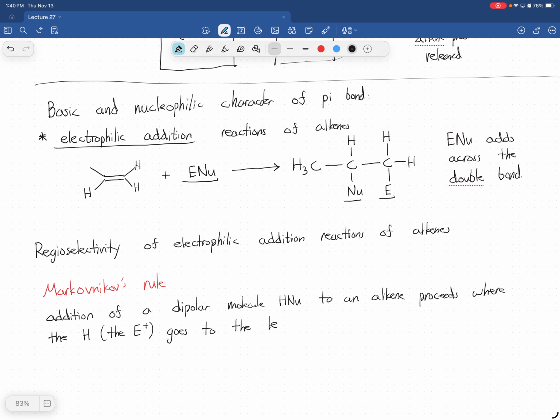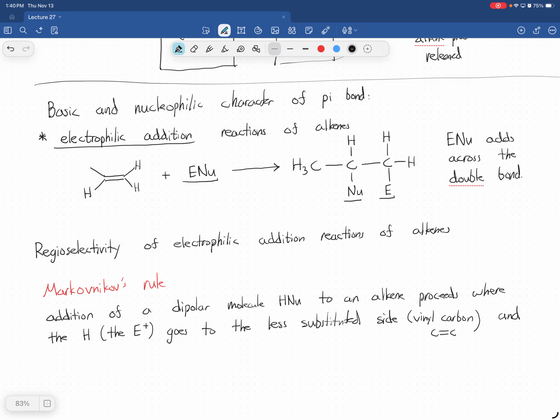So the less substituted side. And by side I mean the vinyl carbon. Vinyl carbon means double bond, so a vinyl carbon is this C double bond.